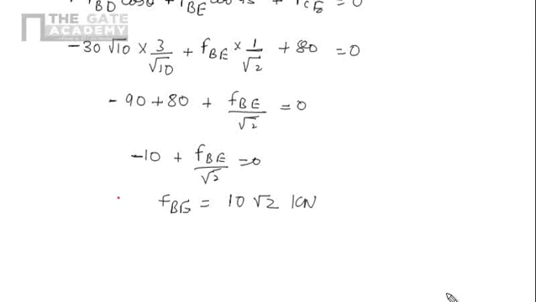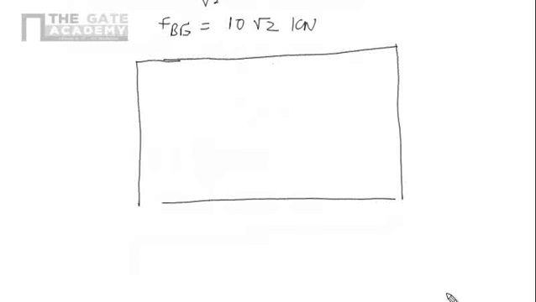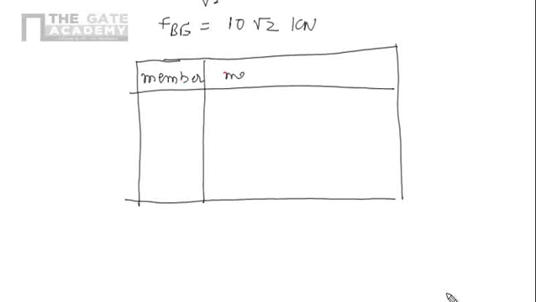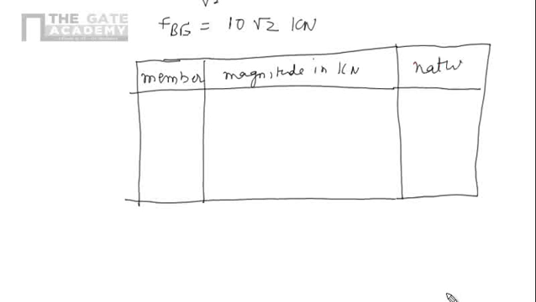By this way we got the values of all the unknowns, the forces in members BD, BE and CE. As per our assumption, we assumed all the forces in the members of the truss to be tensile, so now we will see the sign and decide accordingly. To make it easier to understand, I am making a table. This table will show the member, the magnitude in kilonewton, and one more column to show the nature.